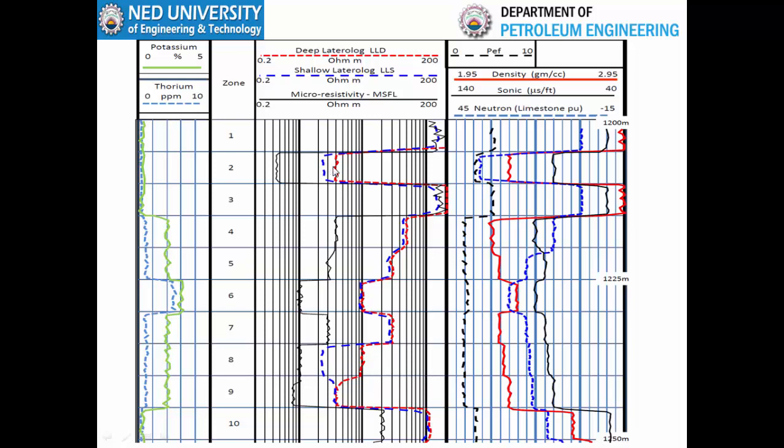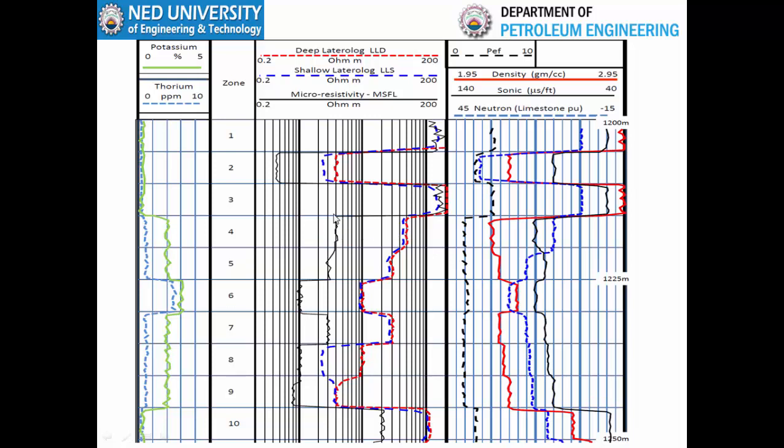But for the majority of the cases MSFL, LLS and LLD have separation, obviously except zones number 1 and 3, where all three responses are overlapping. In zones 2, 4, 5, 6, 7, 8, 9, 10, all other zones except 1 and 3, MSFL is measuring the lowest resistivity as compared to LLS and LLD.